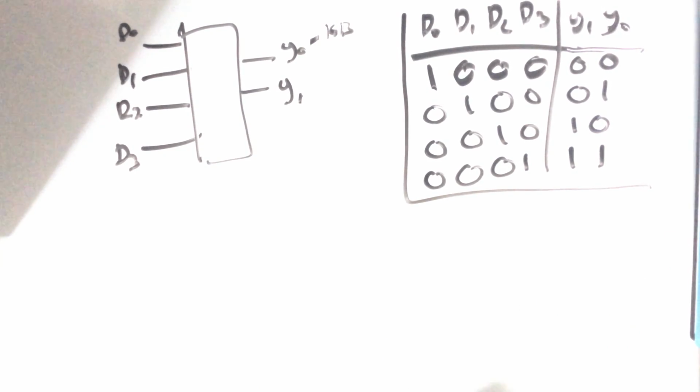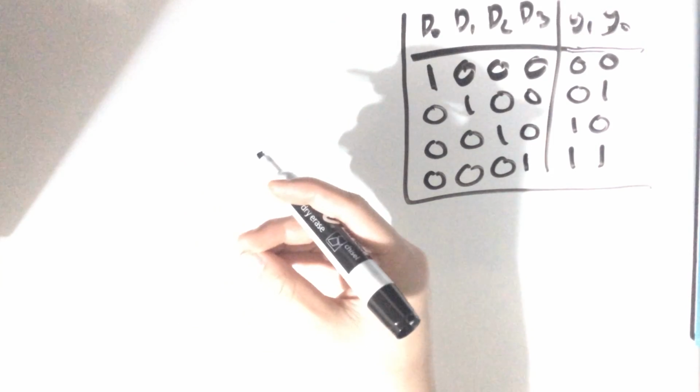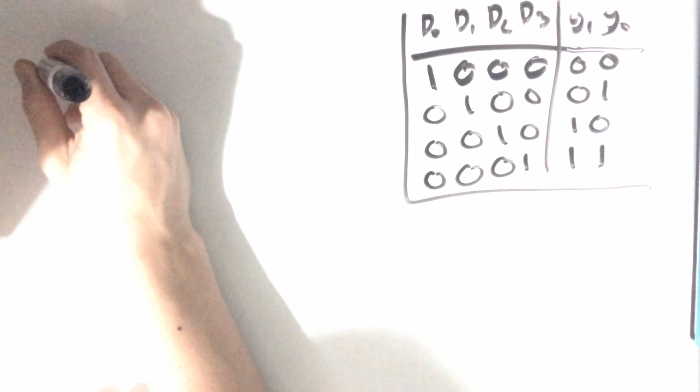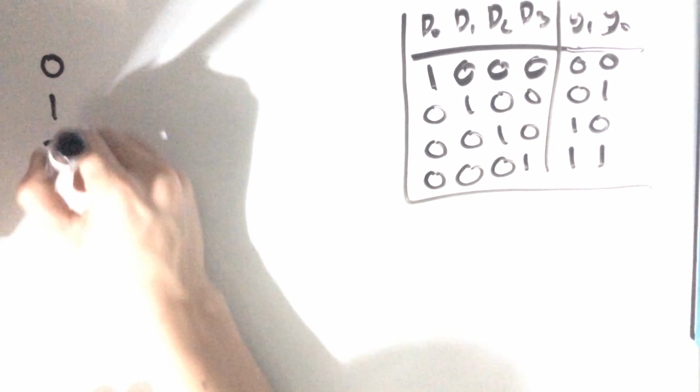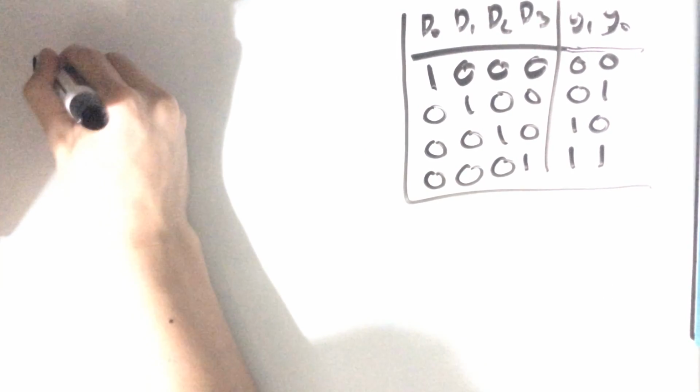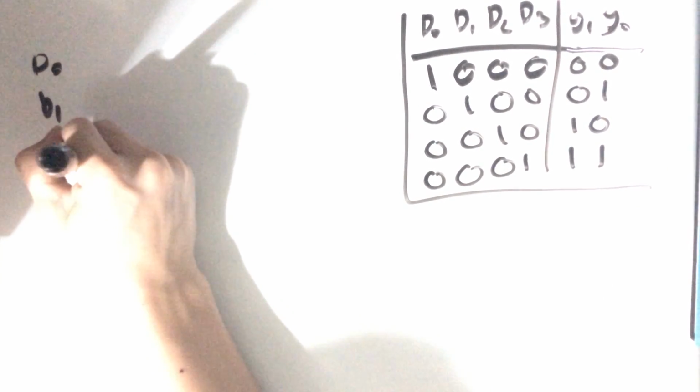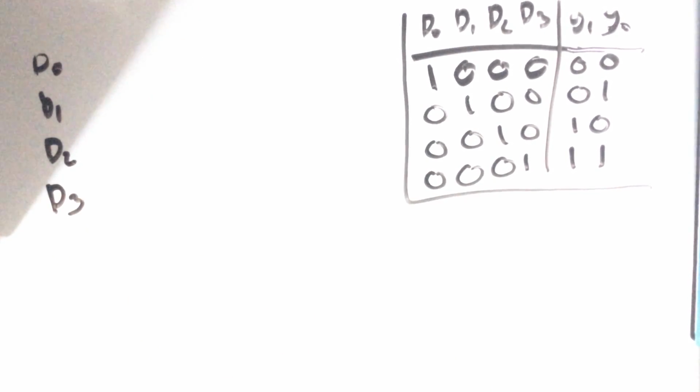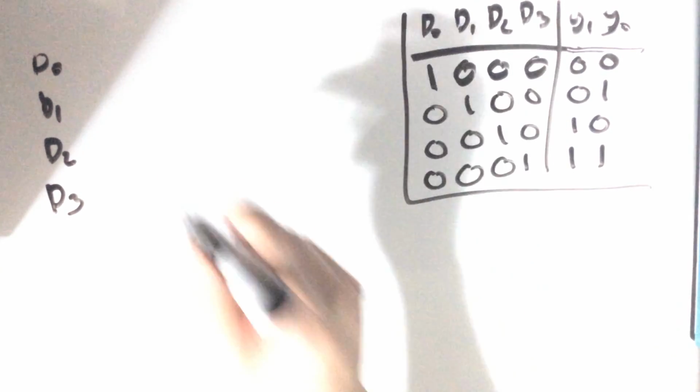Now I'm going to draw the actual logic, as far as gates go, as to how this is implemented. Since I already labeled these, we have D0, D1, D2, D3.